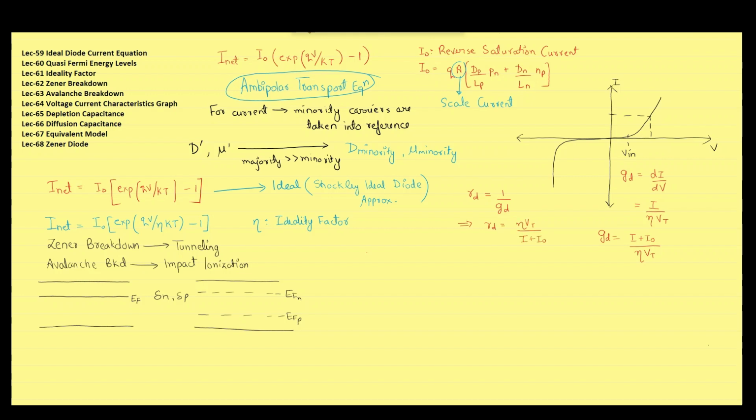We also discussed depletion capacitance and diffusion capacitance. Depletion capacitance is represented by Cj and has other names like junction capacitance and transition capacitance, where alpha is equal to.